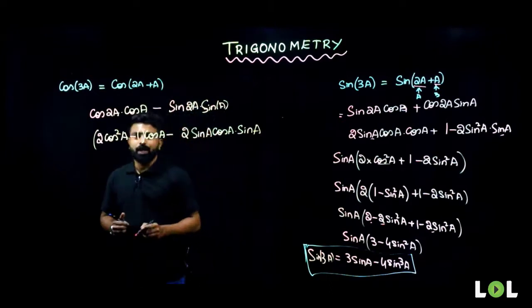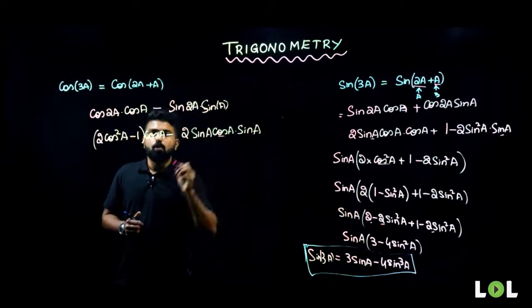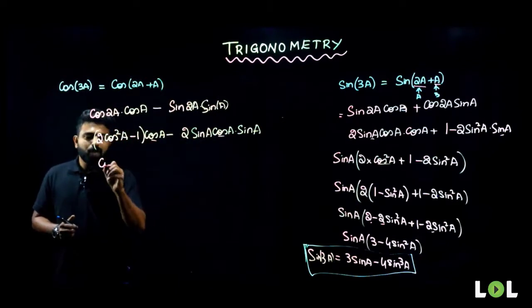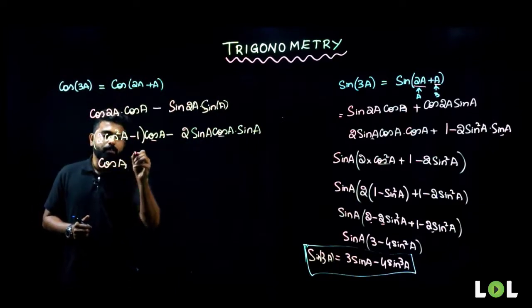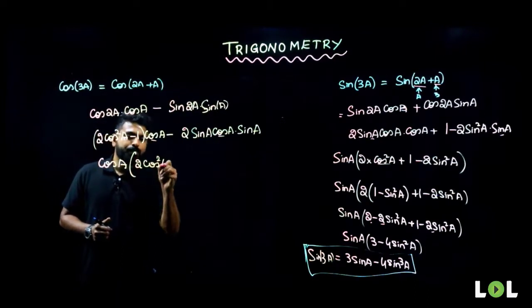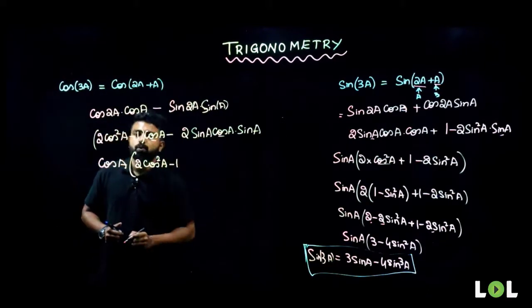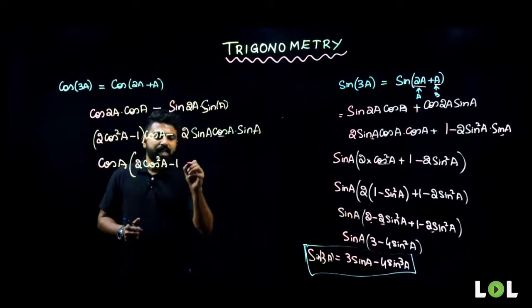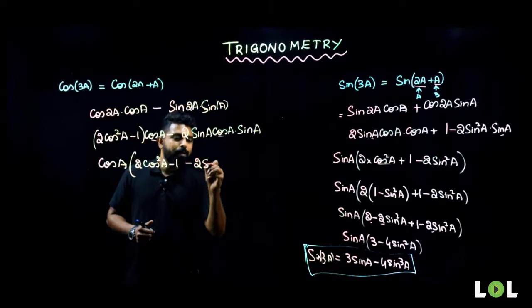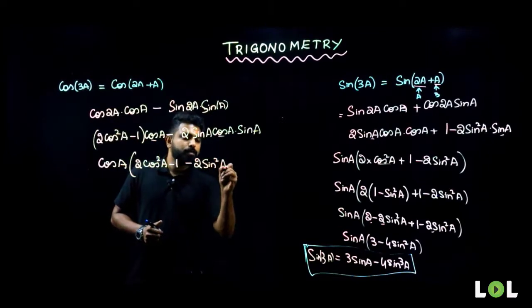Now look at this, we have cos a common in both the terms here. So I'll be taking cos a outside. So what will I be left with? If I take cos a common, I'll be left with 2 cos square a minus 1, minus 2 sin a into sin a, which is nothing but 2 sin square a.